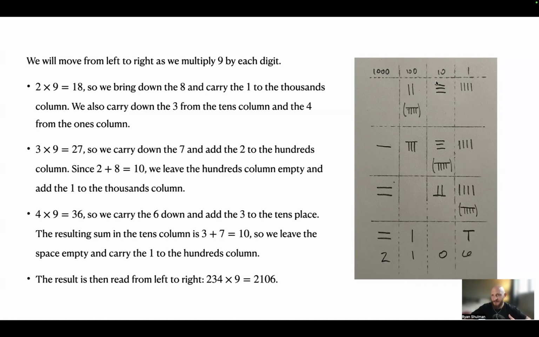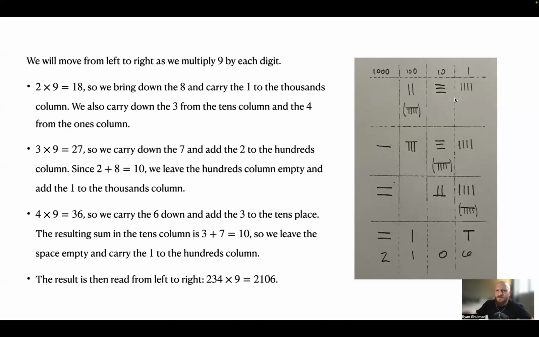If in this tens column we had these three bars and they were all vertical, it would be confusing to determine where the hundreds column ended and the tens column began. So there are different orientations depending on the columns, but the orientation doesn't so much matter. This is just a 3.